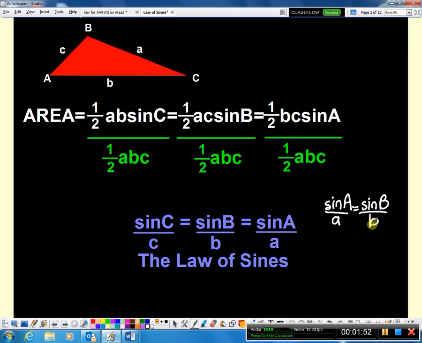But I could also set it up as a over sine A equals b over sine B. As long as I've got my little letters on one level and the sines of my angles on the other level, when I cross multiply, I get the same result. In both of them, I would get b times sine A equals a times sine B. So regardless of which proportion I use, when I cross multiply I'll get matching responses. And that's the important thing.